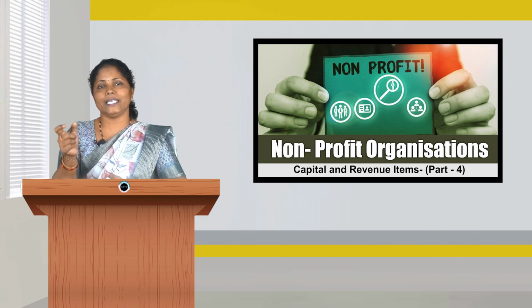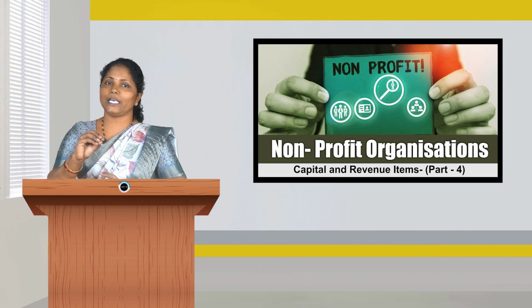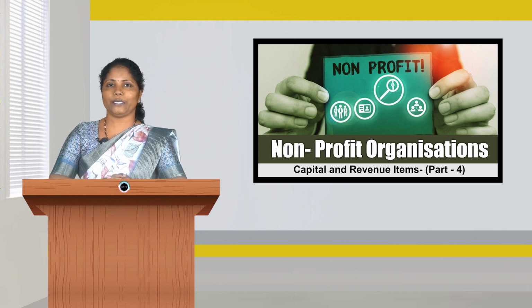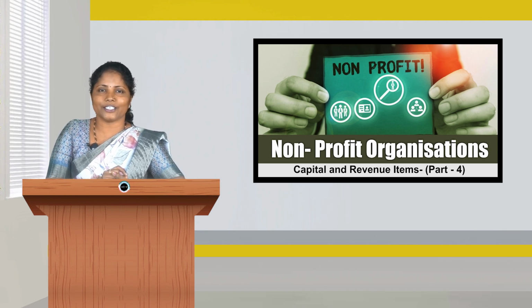Suppose it is incurred for the extension of the building, that portion has to be considered as capital expenditure, and the remaining portion which is incurred for maintenance must be considered as revenue expenditure. But we have to observe the expenditure included in these structural alterations.